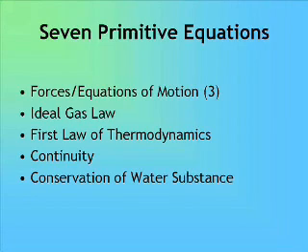Another is the ideal gas law, the first law of thermodynamics, continuity, and the conservation of water substance. Taken together, these 7 equations, which are very complex equations that take enormous computer programs to compute them, but summarize the ideas that we learned in ATS 113, are really all that an atmospheric model or a weather model needs in order to make a forecast.